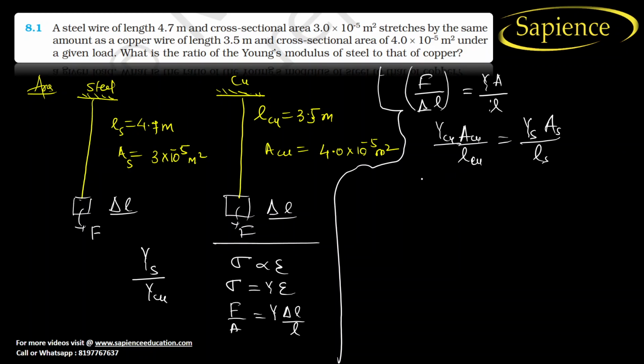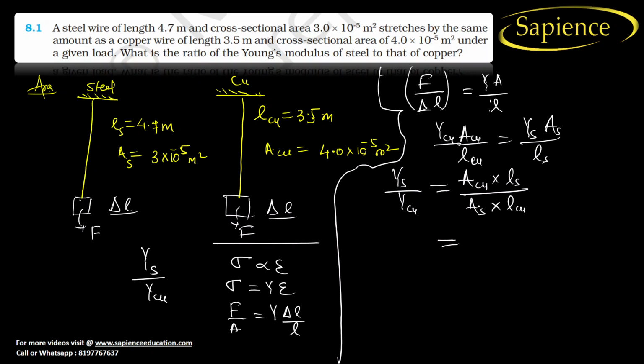So from here we want Y steel by Y copper, which can be written as area of the copper into length of the steel divided by area of the steel into length of the copper.